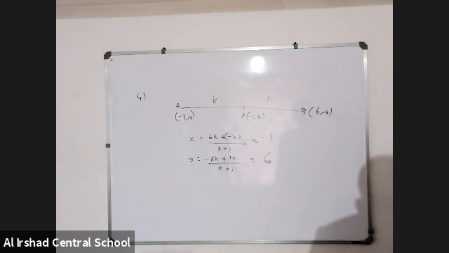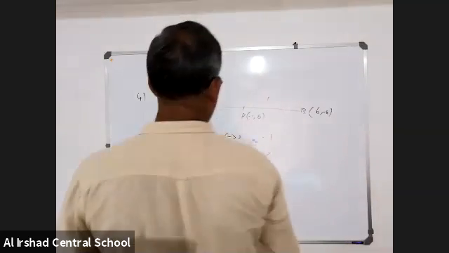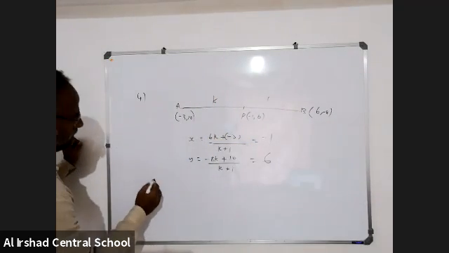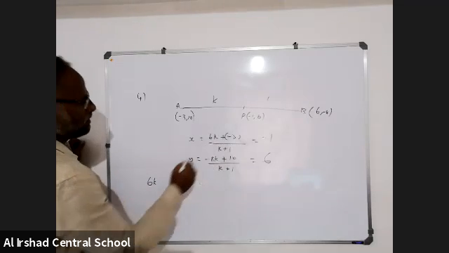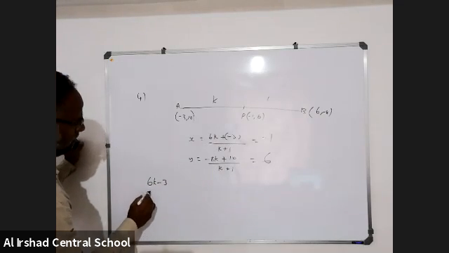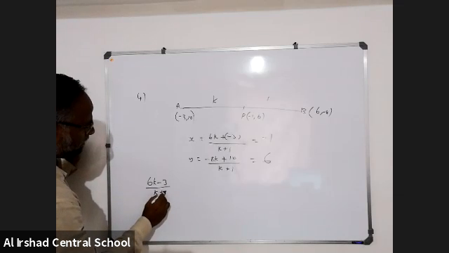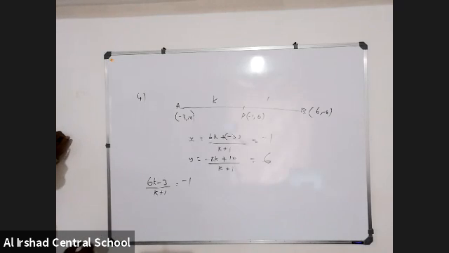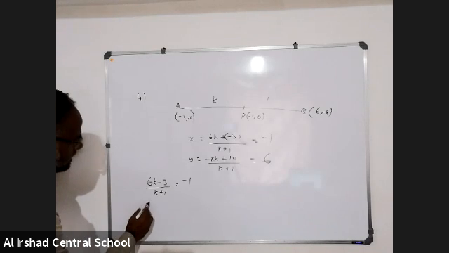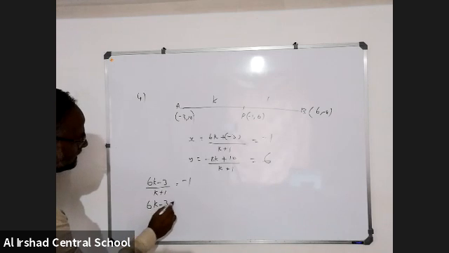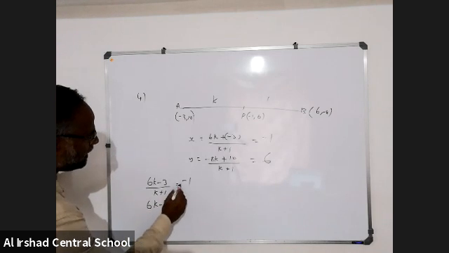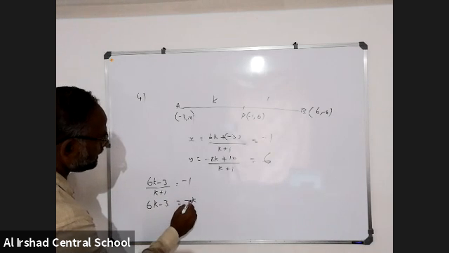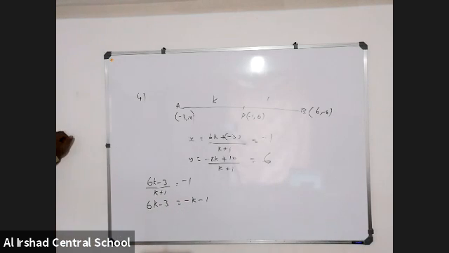Since (6K - 3) by K plus 1 is equal to -1, take from here. 6K - 3 is equal to -1 into K plus 1, that is -K - 1.